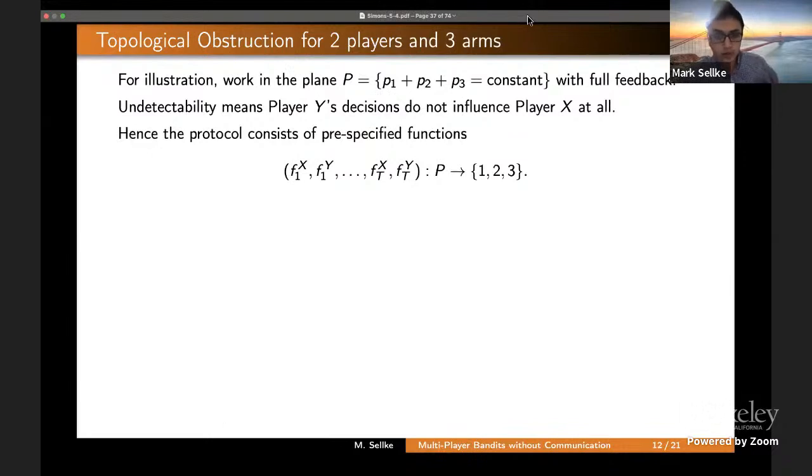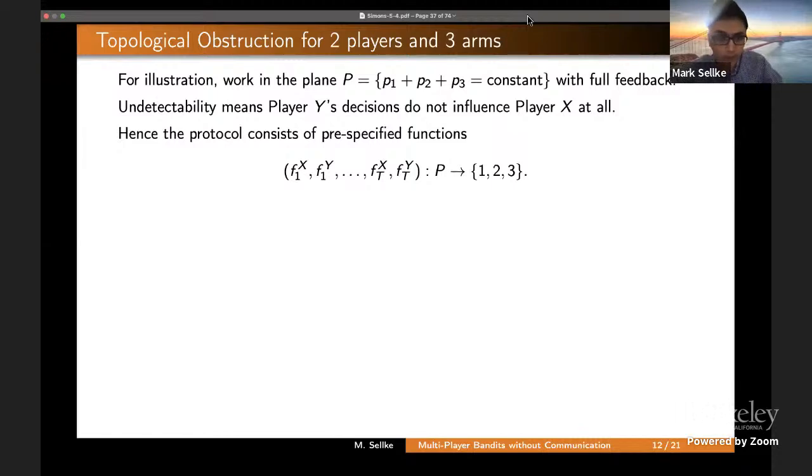So to see how this works, let me first explain a topological obstruction in the case of 2 players and 3 arms, where we can draw a picture. So I'm going to work in the case of 3 arms, and I'm going to work in the plane capital P where the total reward probability is a constant. And I'm going to work in a full feedback loop. And because we're assuming some kind of undetectability or no collisions, the actions of one player don't affect the feedback of the other players at all.